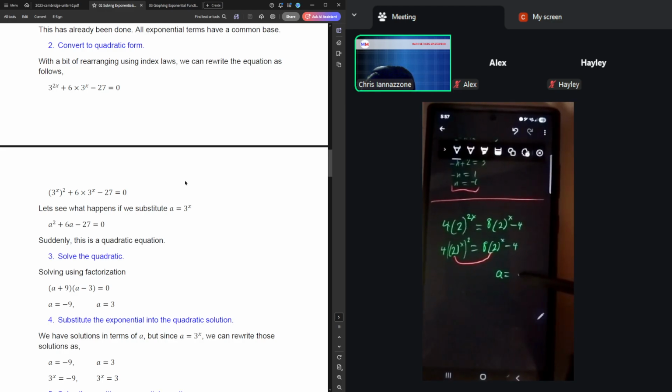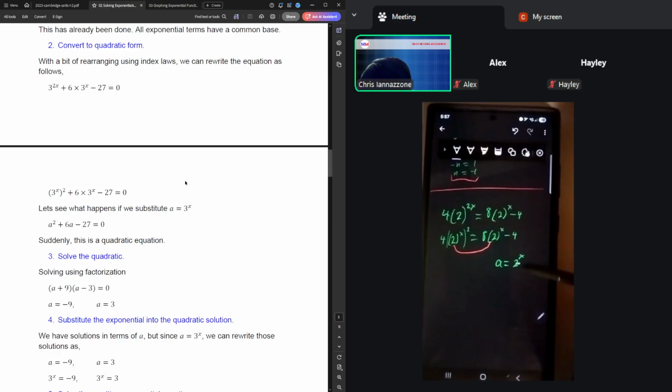Once we do that, we can do a substitution to make it look a little bit easier. So technically speaking, a substitution isn't required, so long as you can spot that this is a quadratic.